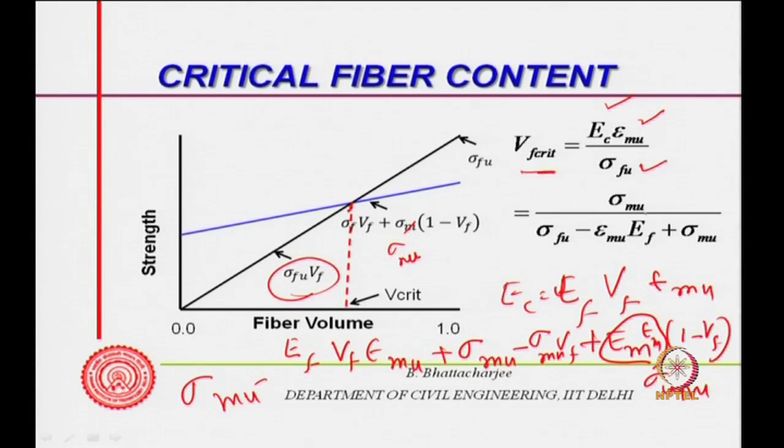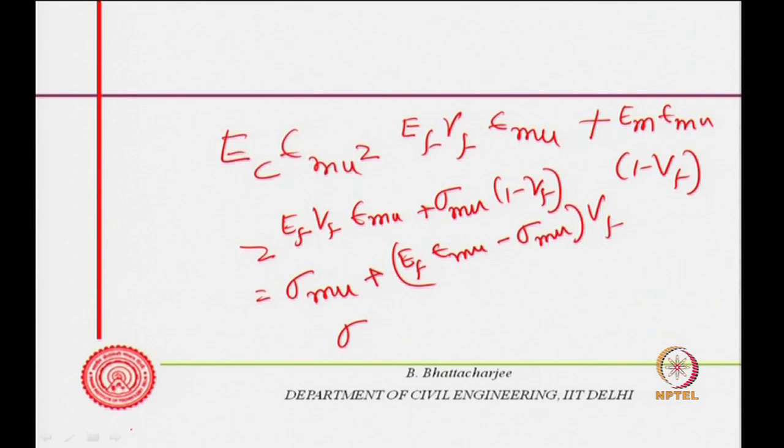So, sigma mu, sigma fu epsilon mu, let me just see what I wrote. This portion E c into epsilon mu will be given by this. Now, this divided by sigma fu.